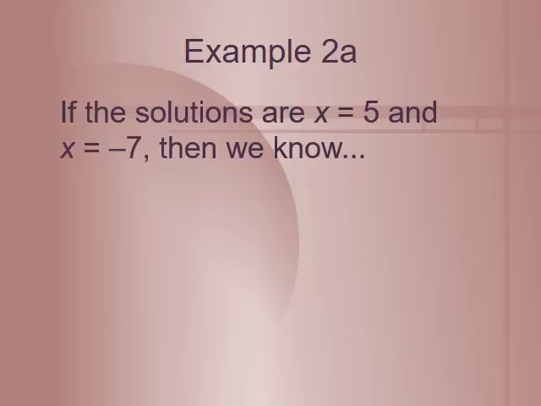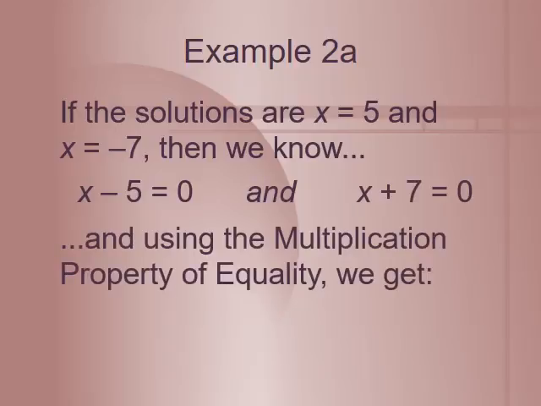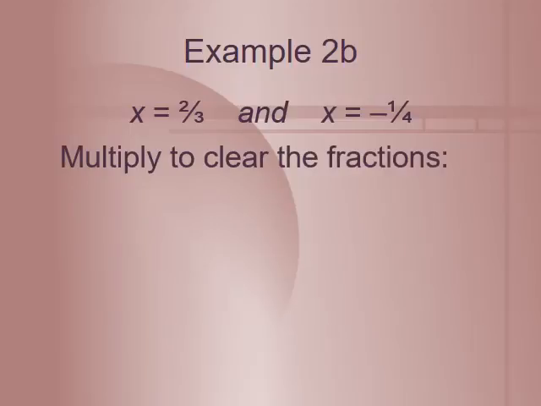Okay, so if the solutions are x equals 5 and x equals negative 7, then knowing what we know about the discriminant, those are 2 rational answers. If we have x could be 2 over 3 or x could be negative fourth, we're going to multiply to clear fractions.